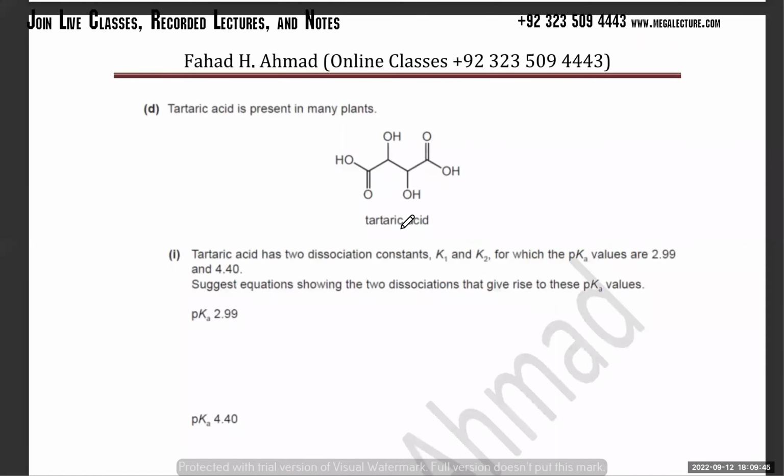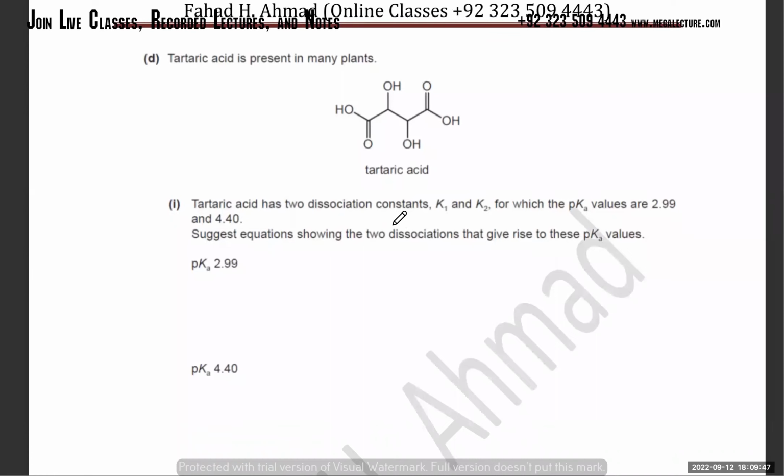You've got this acid. He's saying suggest equations showing the two dissociations. Again, this one is a diprotic acid because if you look carefully, it has two carboxylic acid groups. So one of them will release an H+, then the other one would release an H+ as well.